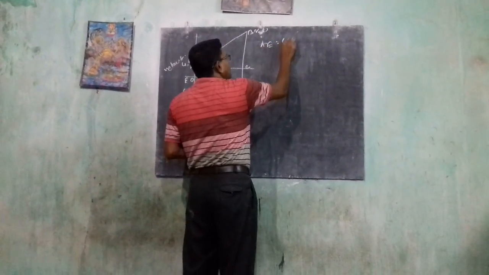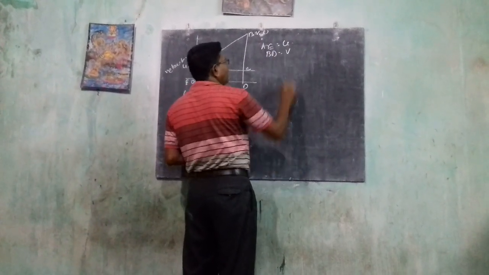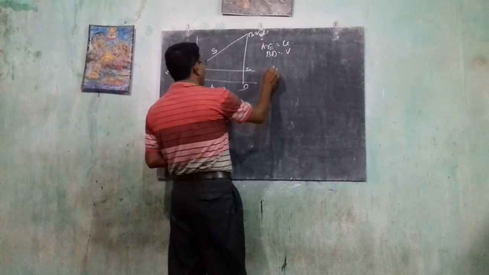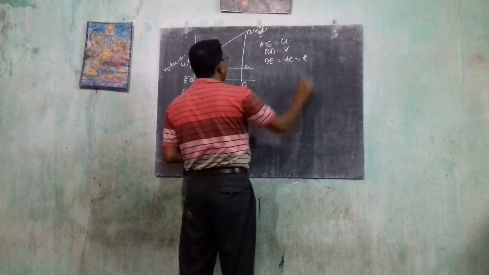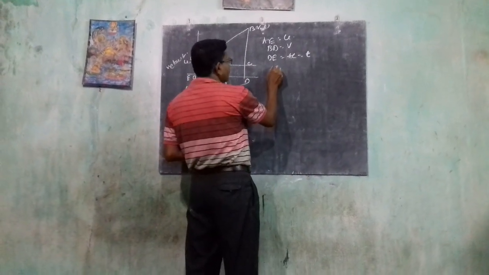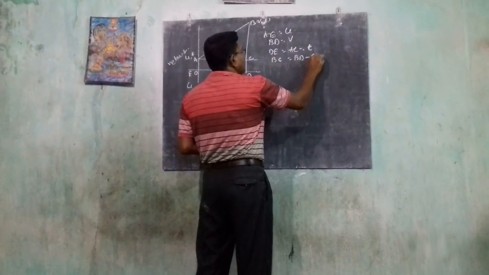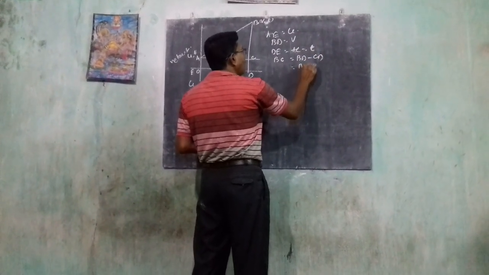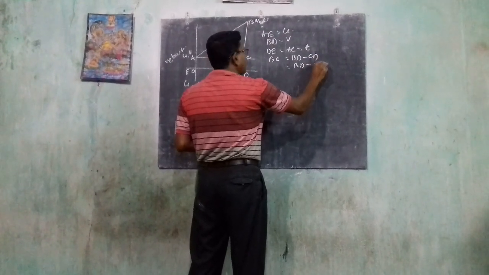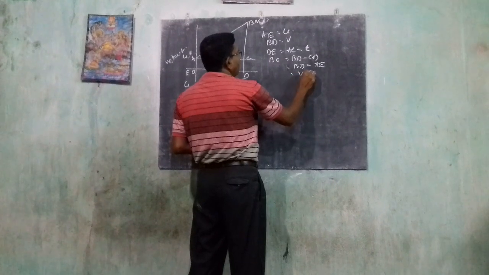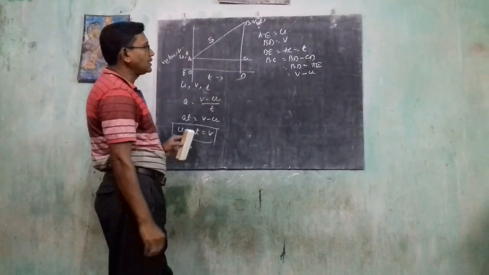AE is our initial velocity u, BD is our final velocity v, the time DE equals AC, the time t, and we will find BC. BC equals BD minus CD, so BC is v minus u.